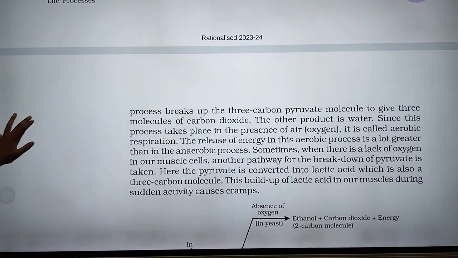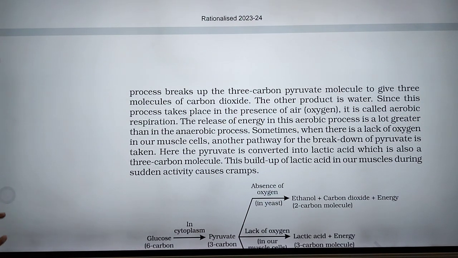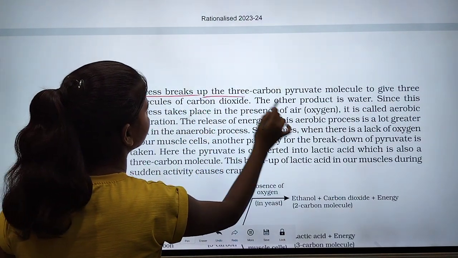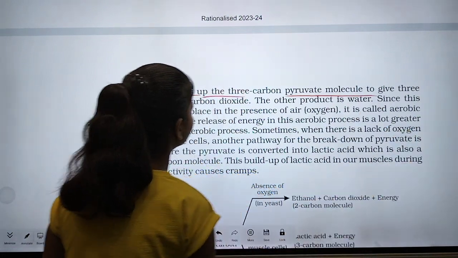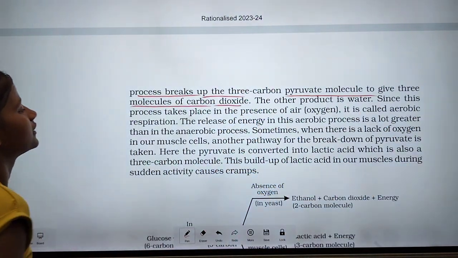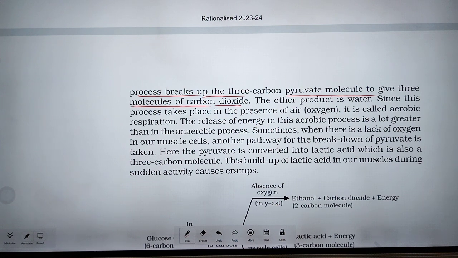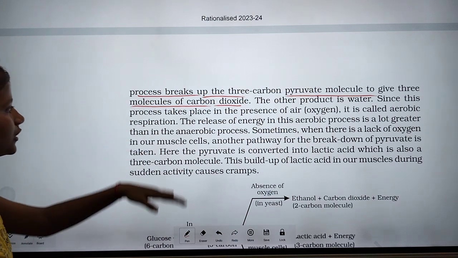This process breaks up the 3-carbon pyruvate molecule to give 3 molecules of carbon dioxide.